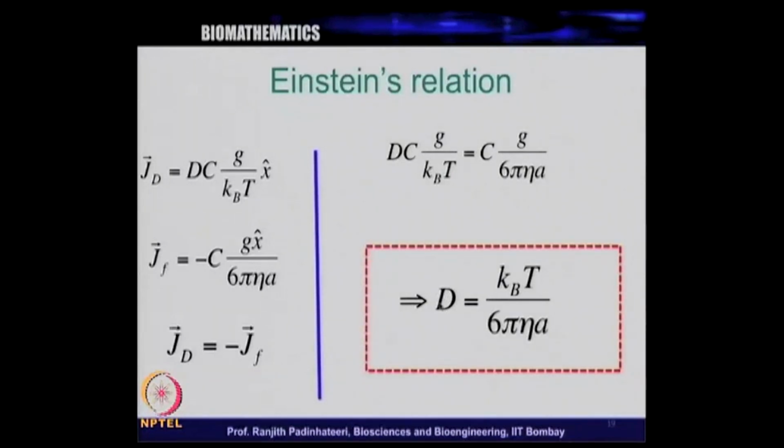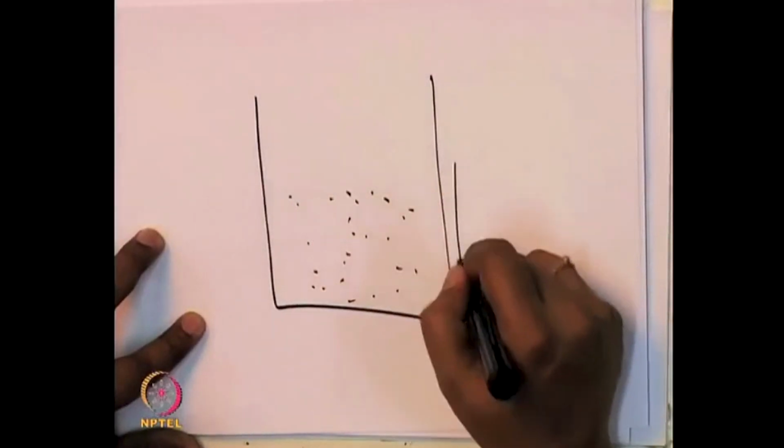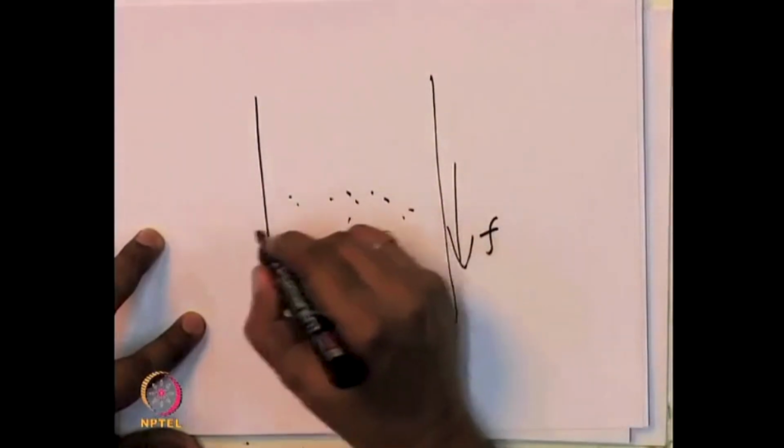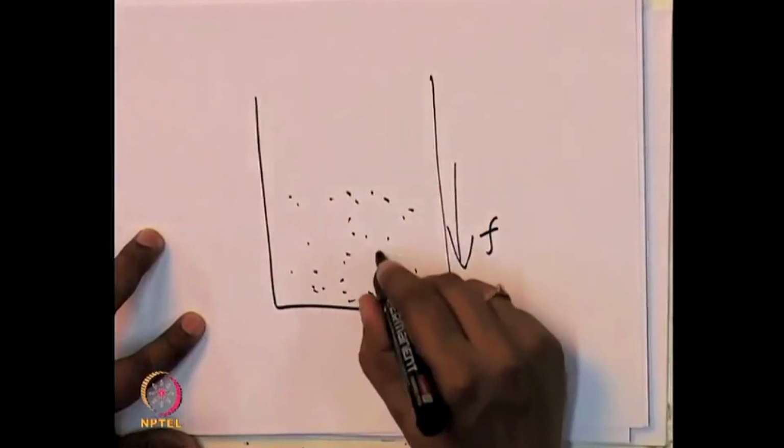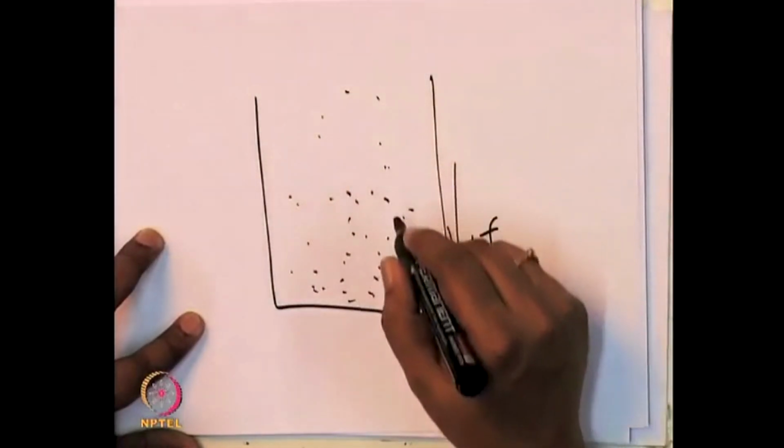So, this is the famous relation called Einstein's relation, which relates the diffusion coefficient to these quantities. We derived this relation the way we derived the Nernst equation, by arguing that if you have a beaker and particles under a force F, there will be two currents. The concentration will be more here because this force is attracting it downwards, and very few particles up.